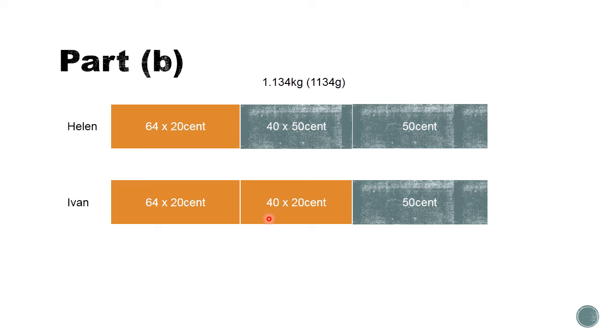But the question gave us one more piece of information: Helen's total mass of the coins is 1.134 kilogram. You can work by kilogram or you can work by gram. If you work by gram, it is 1,134 gram. So this is what we know.